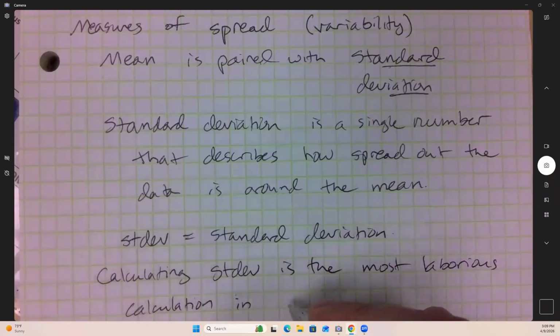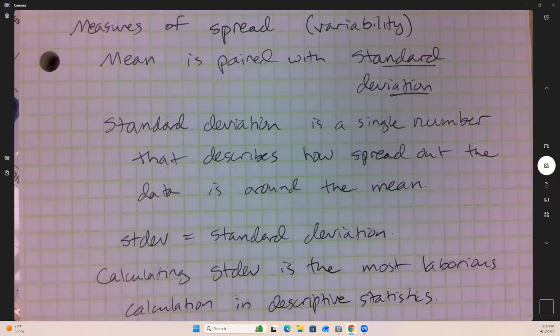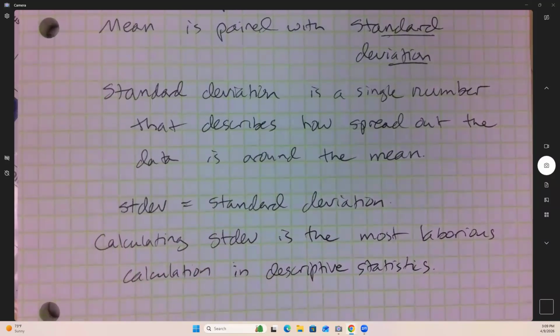Maybe not in all of statistics, but definitely in the type of statistics we're doing, which is descriptive statistics. You will do this by hand once on your homework, and you will never do this by hand again. I will walk you through the steps because there's a logic behind the steps that I think is really valuable to understand.